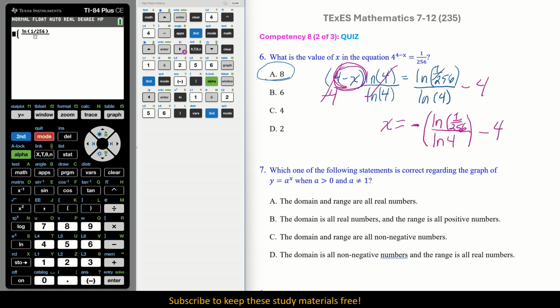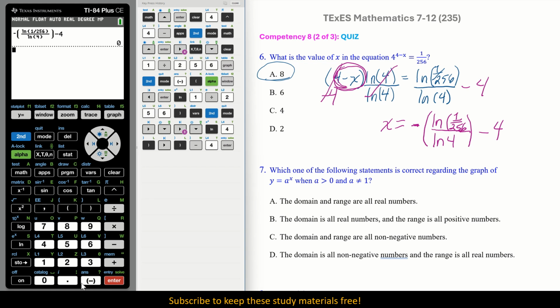Oh, okay, there it is. Got to be careful what we push. I think I arrowed down the wrong way. Now I need the natural log of 4, arrow over, close my parentheses, and then minus 4, and push enter.